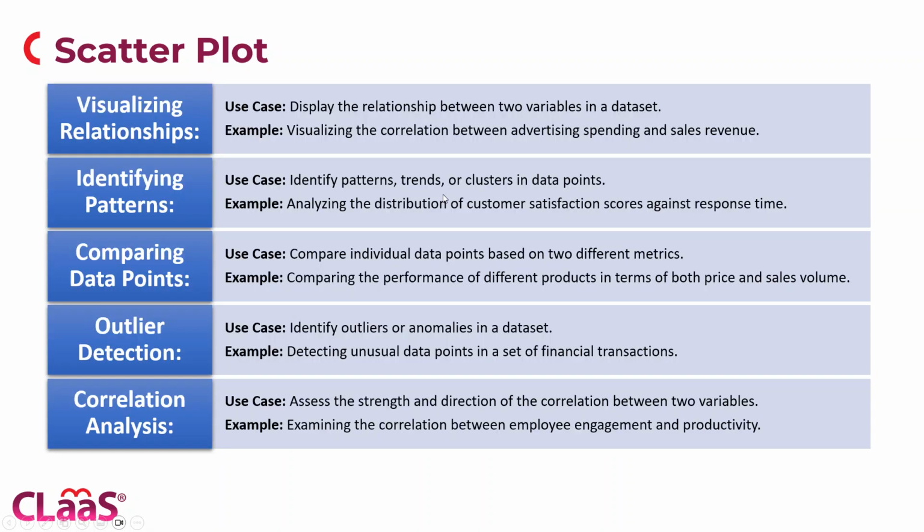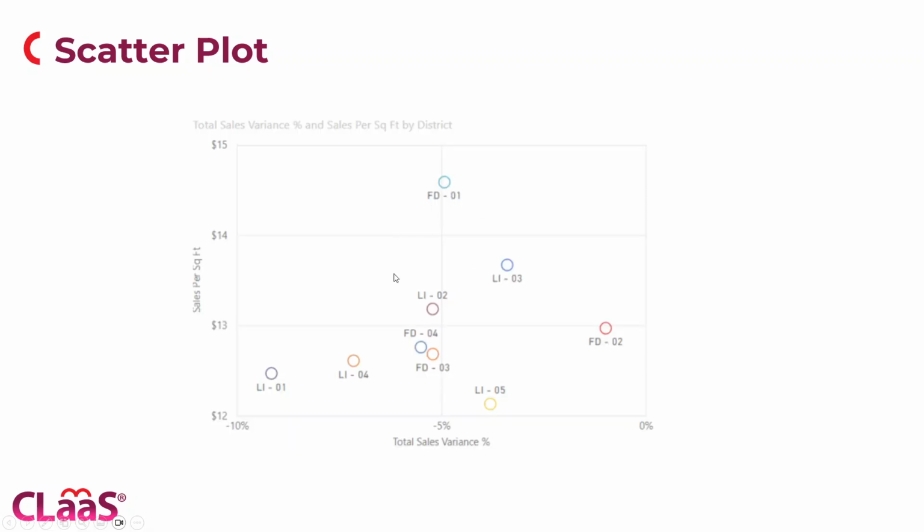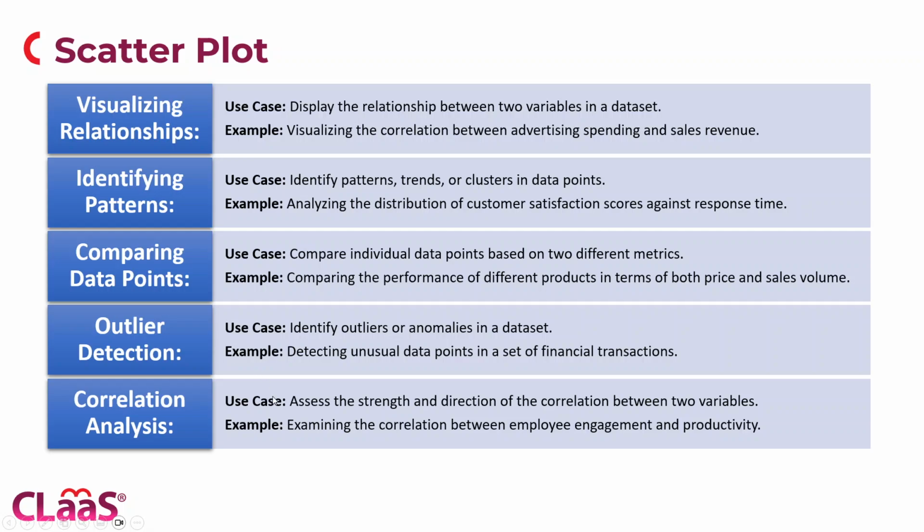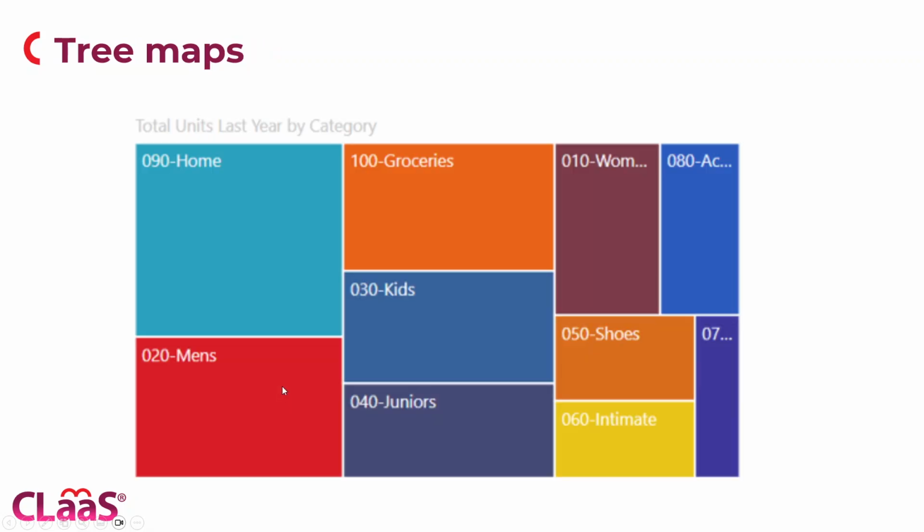A scatter plot can identify patterns, compare data points, and detect outliers. An outlier is very far, for example, the data is in the middle and you have some data quite far from the rest. That's outliers. It can also detect whether there is any correlation between one and the others.